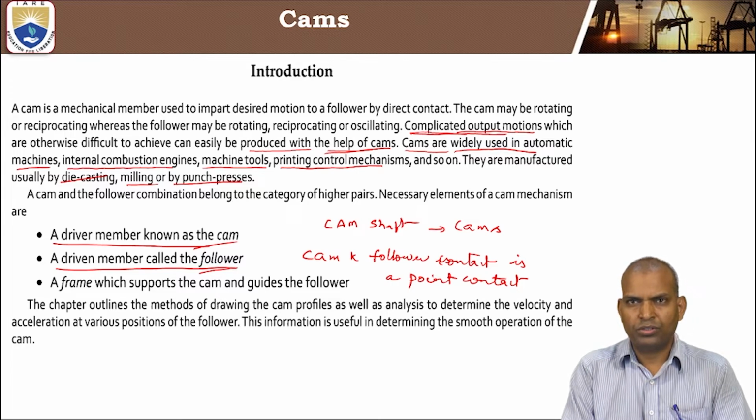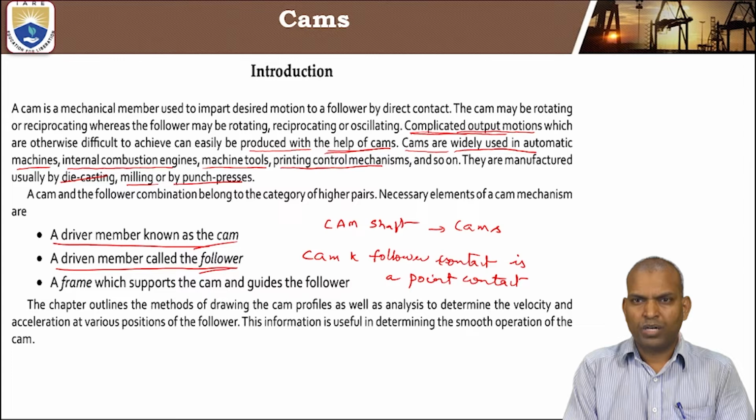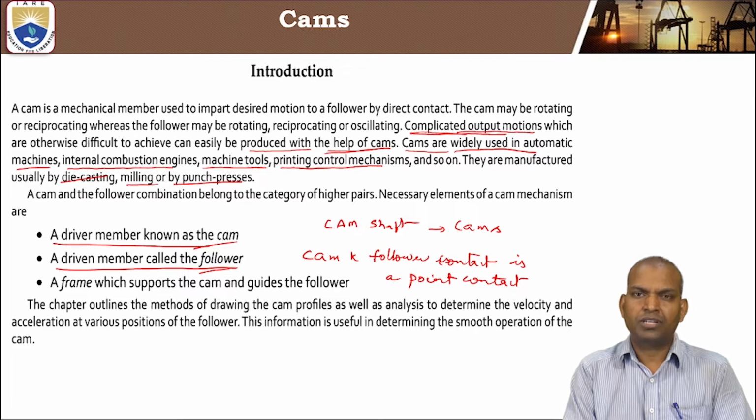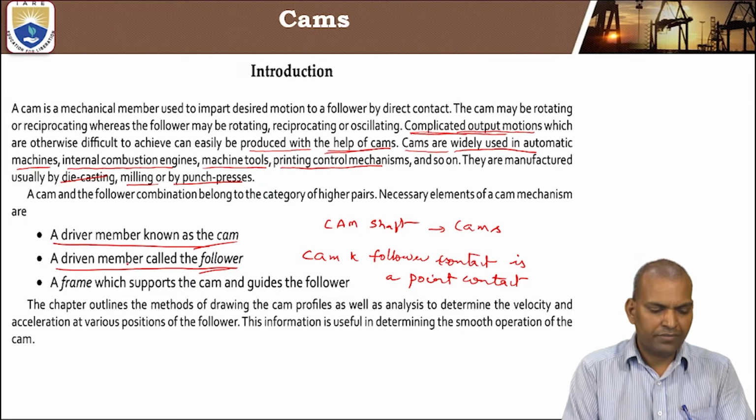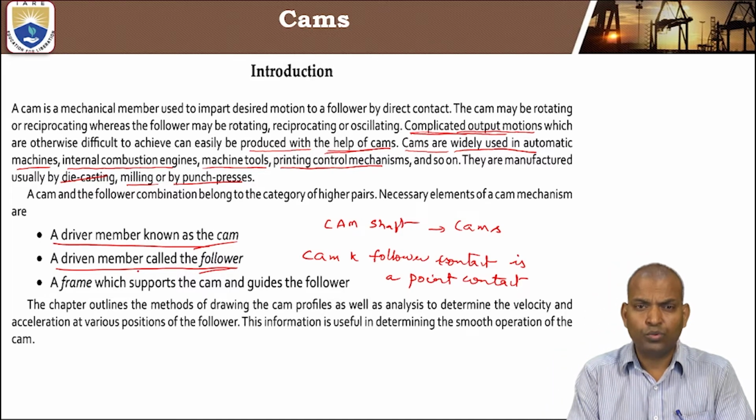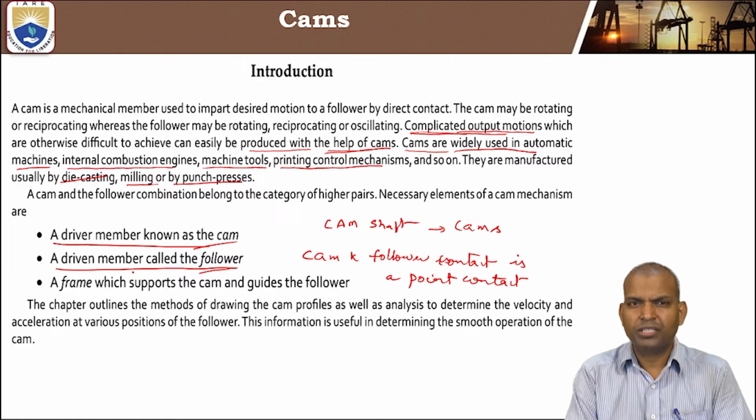One more thing we are going to study in this module. It comes under Module 4. Not only the introduction of cams, we'll study how to draw cam profiles: what is the shape of the cam based on the input and output parameters. Suppose the follower is moving with uniform velocity, uniform acceleration or simple harmonic motion.